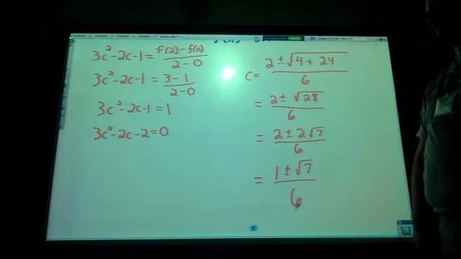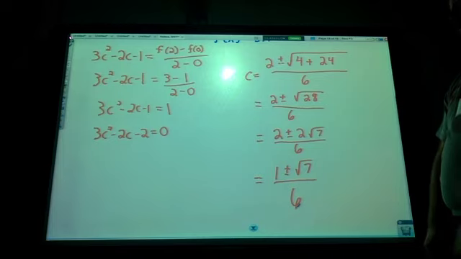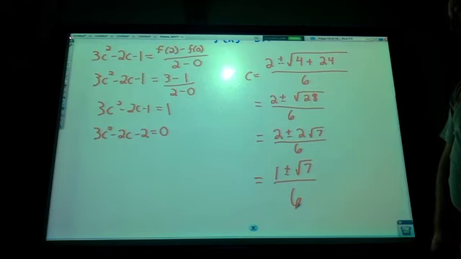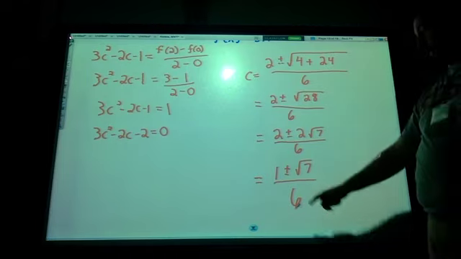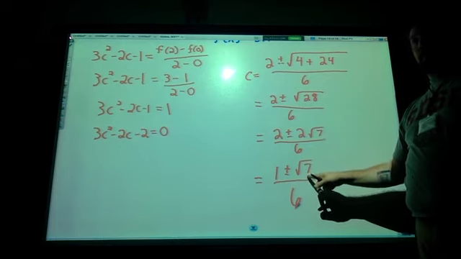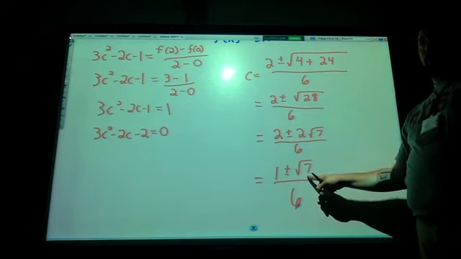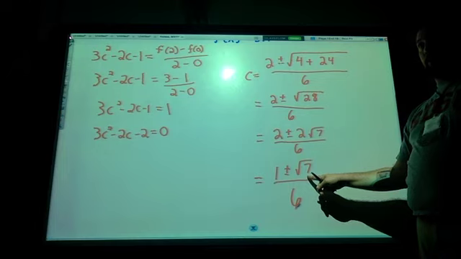So there's actually 2 places on the graph where I have that slope of 1. All right, but there's only one of them going to be in the interval. 2 of them could, but it's not going to happen in this case. Because the minus the square root of 7, well, I'm not exactly sure what that is, but it's somewhere between 2 and 3, because 2 squared is 4 and 3 squared is 9.